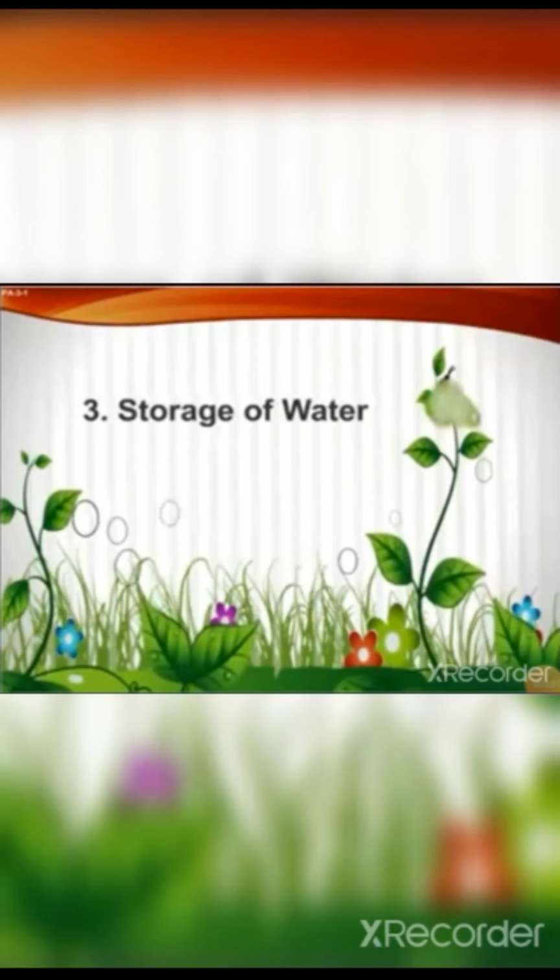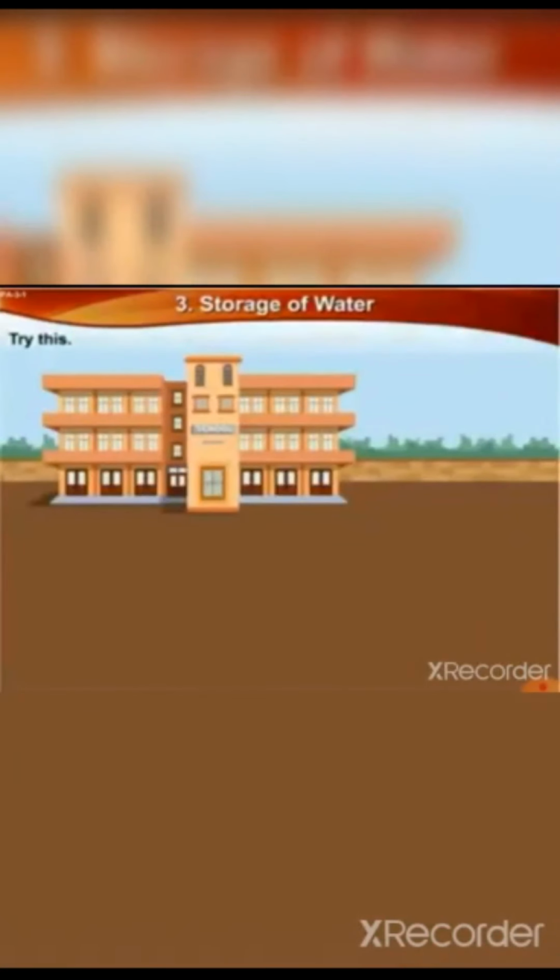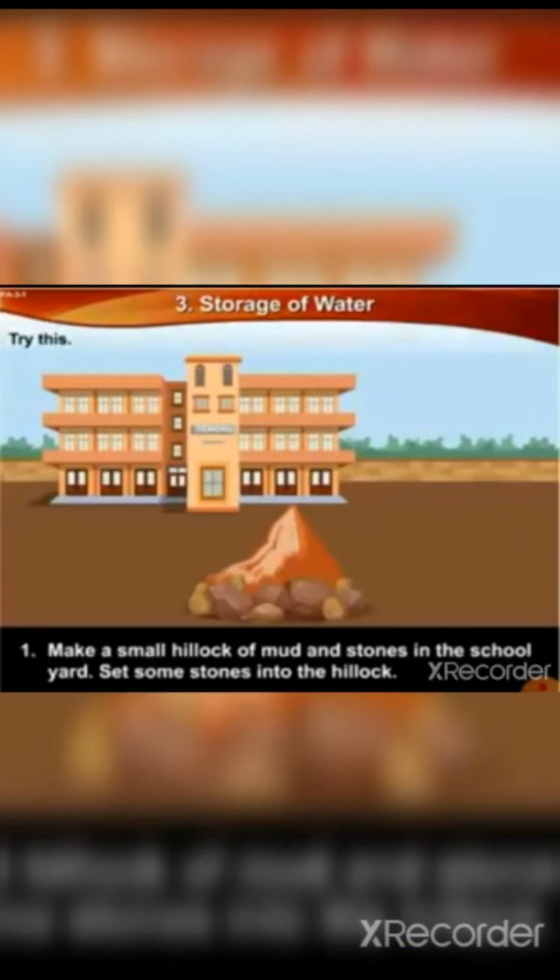First, you have to put some stones and make a heap of soil over that. Then what you have to do is make a small hillock of mud and stones in the house yard.